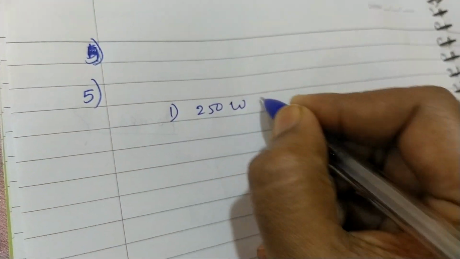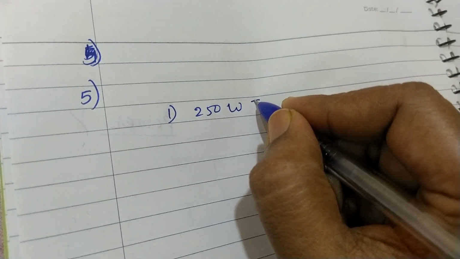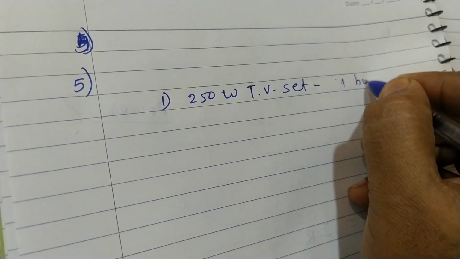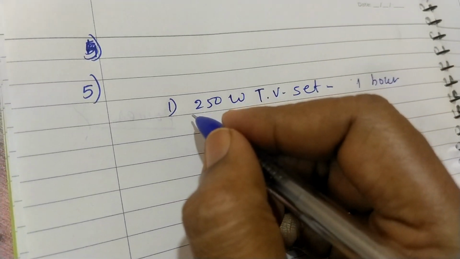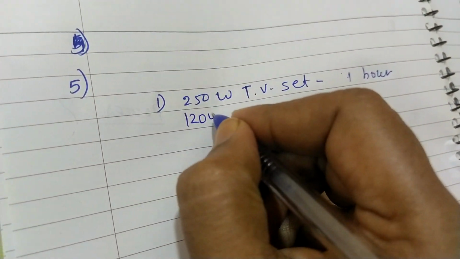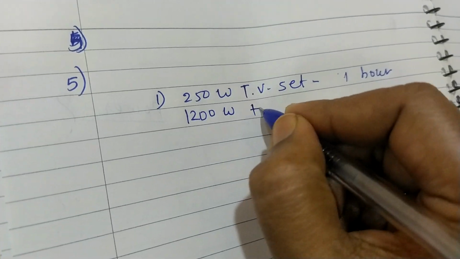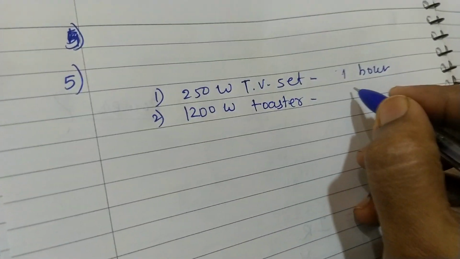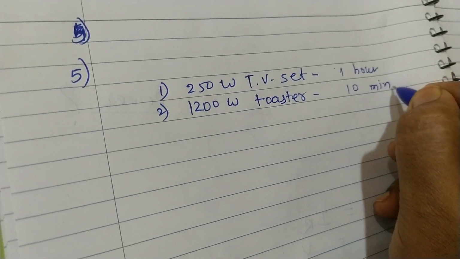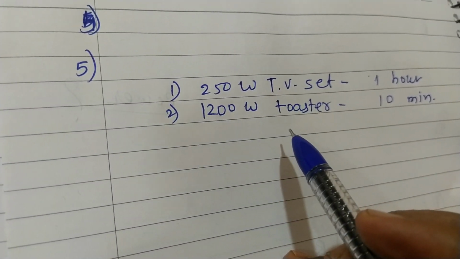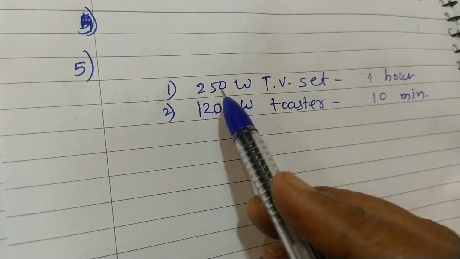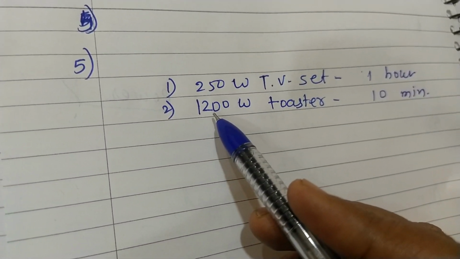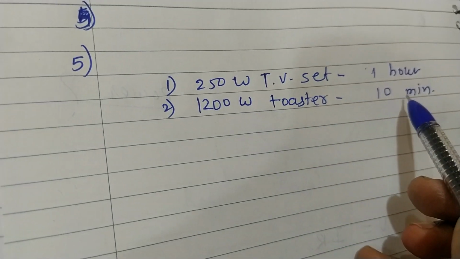A 250 watt TV set in 1 hour or 1200 watt toaster in 10 minutes. This is only the question, no? Which uses more energy? A 250 watt TV set in 1 hour or 1200 watt toaster in 10 minutes.